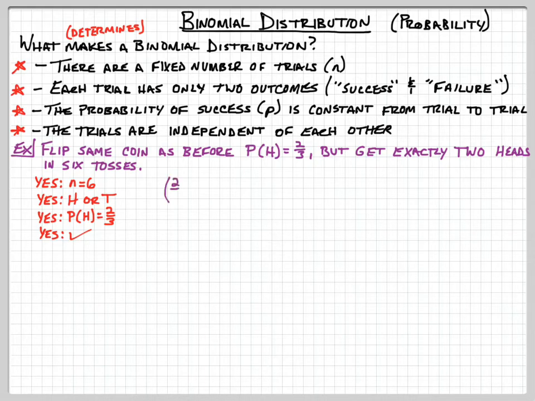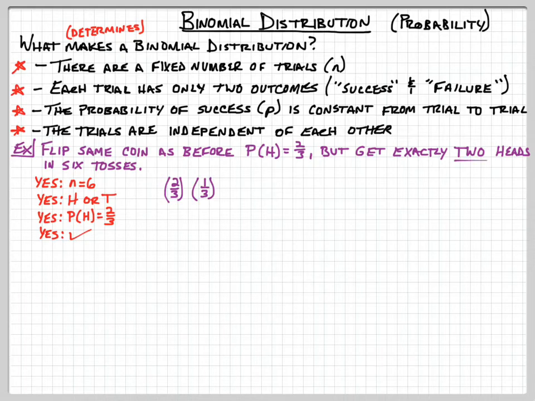Okay, so we know from our previous problem that a success was 2/3, a failure was 1/3. And in the previous problem, we saw that when we were going through all the different branches, we were looking for 2 heads. And what we found was that every single time for 2 heads, we had 2/3 times 2/3.